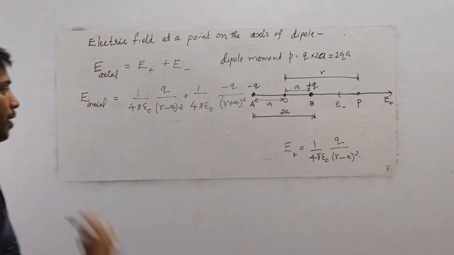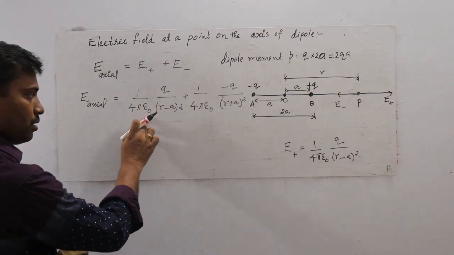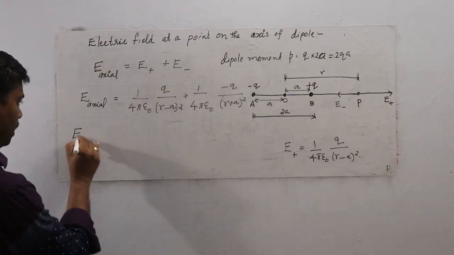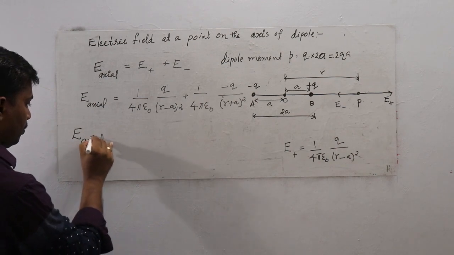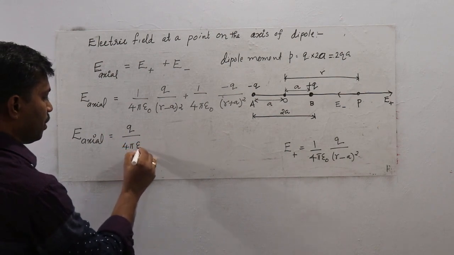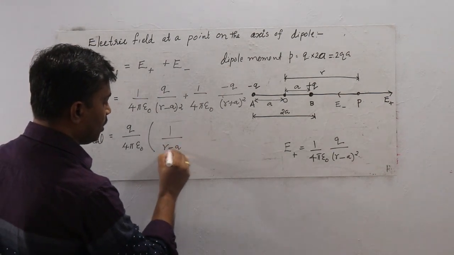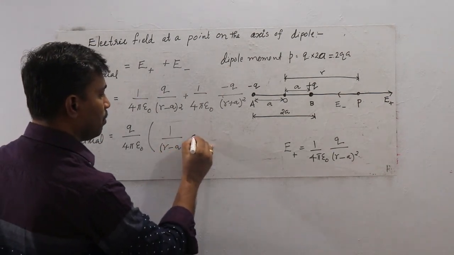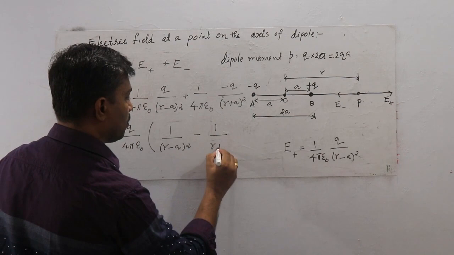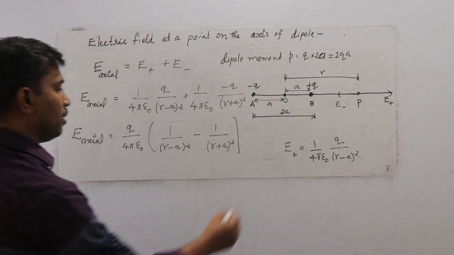In this equation, 1 by 4 pi epsilon 0 and Q are common, so we take them outside. We get E axial is equal to Q by 4 pi epsilon 0 into 1 by R minus A whole square minus 1 by R plus A whole square. This is equation number 5.